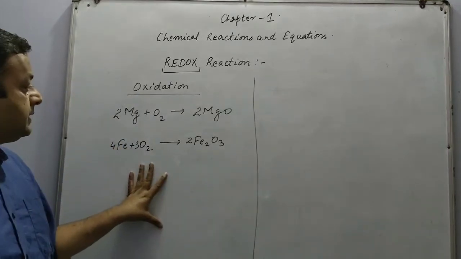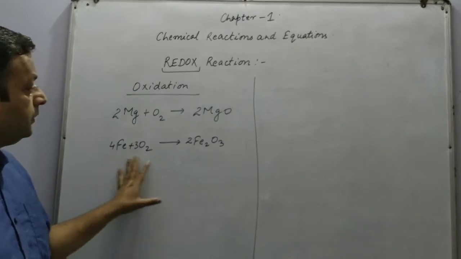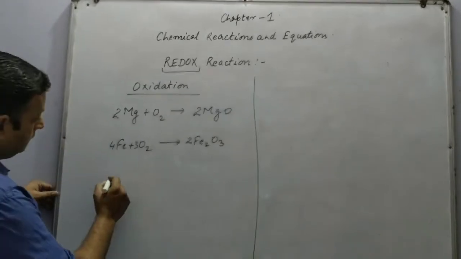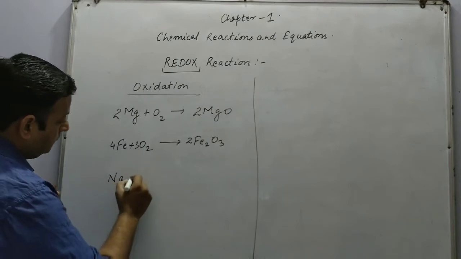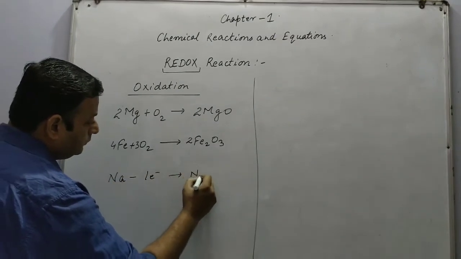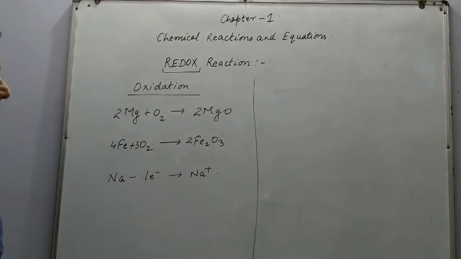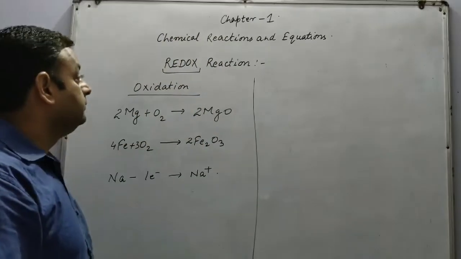Now the second reaction represents the addition of oxygen in iron to form iron oxide. The third reaction, sodium atom loses one electron to form sodium ion. So these are the reactions which we quote as examples of oxidation reaction.